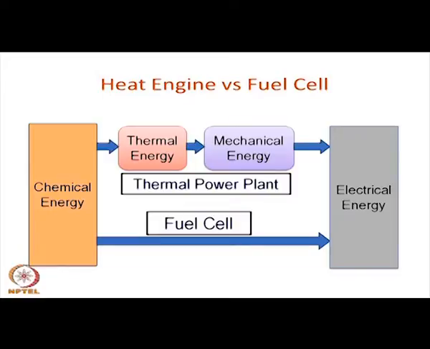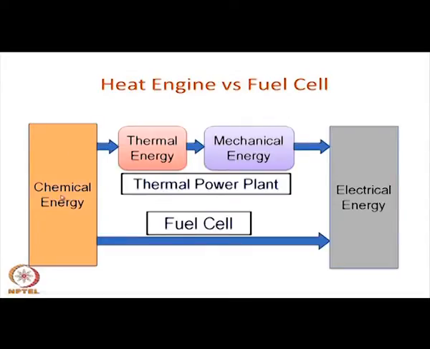If you are talking about a thermal power plant, then the chemical energy of the solid fuel coal is first converted to thermal energy, because it is normal burning to generate thermal energy. That thermal energy generates steam, and that steam goes to the steam turbine and generates electricity. So, it goes through a large number of conversion steps.